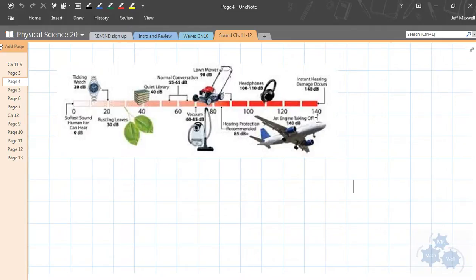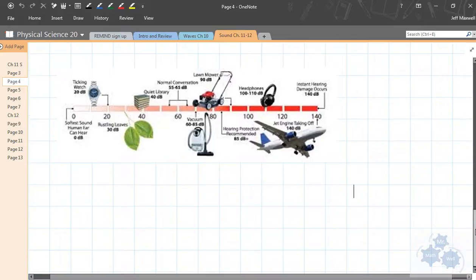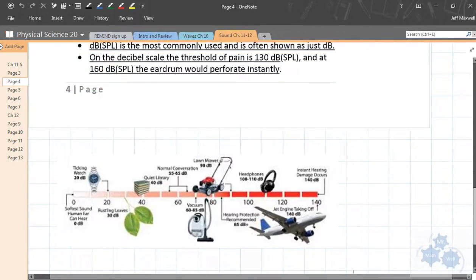That's similar to a rocket launching. So really, really loud. Anyways, that's some decibels, and so you have some relativity there of what the sounds are.